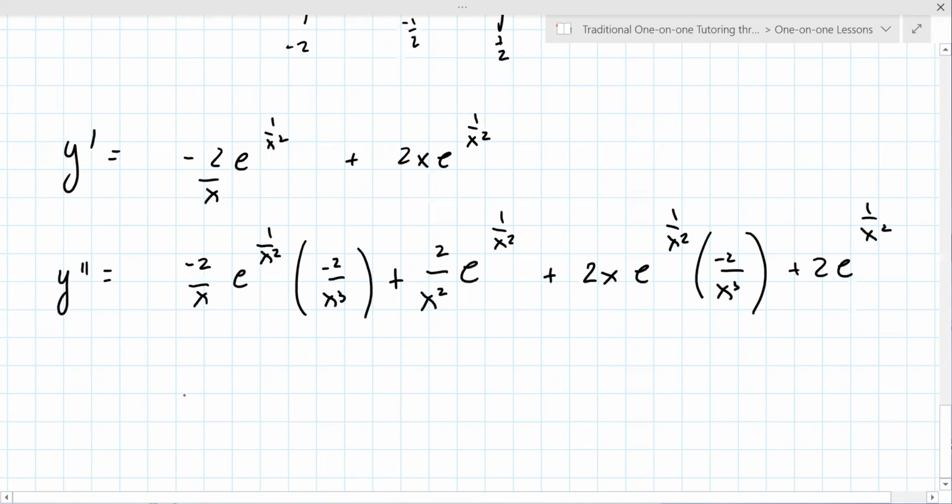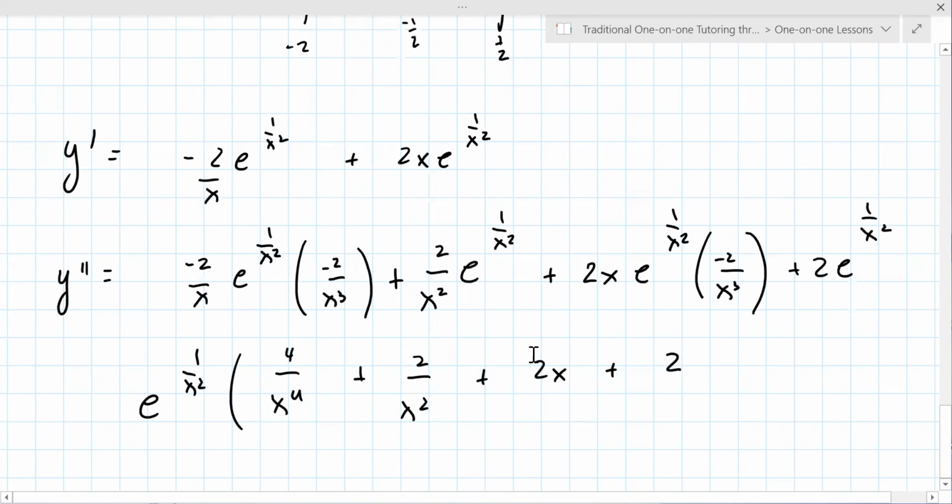Let me simplify first here. So there's e to the 1 over x squared in all of them. And then this first one becomes 4 over x to the 4th plus 2 over x squared plus 2x plus 2.